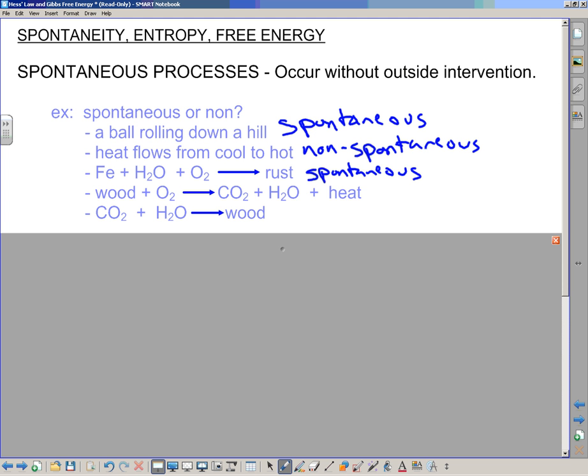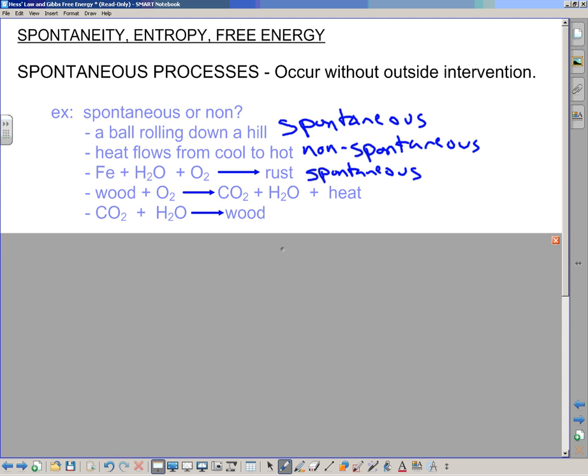Okay? Once we add that activation energy into the system and we get to the top of that activation graph, remember that graph from about a week ago? Okay? At that point, once we've added in that energy, will the reaction continue on its own? Yes.